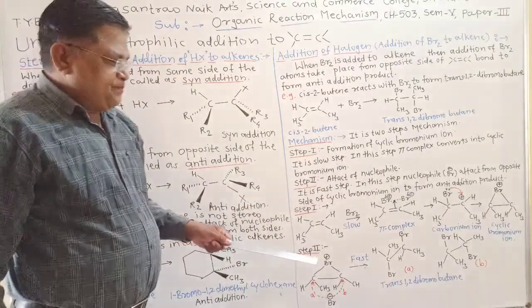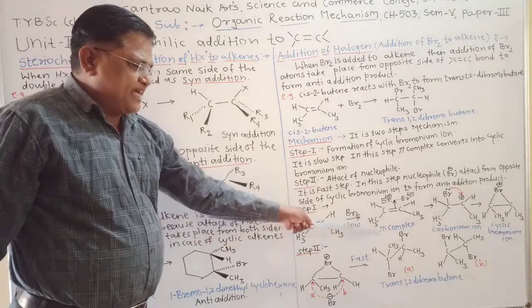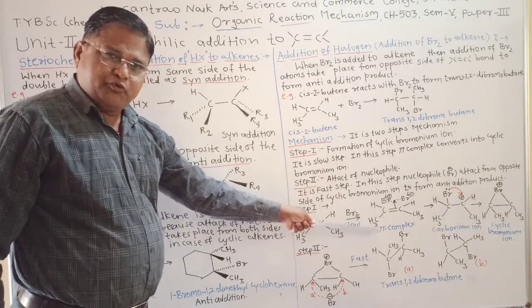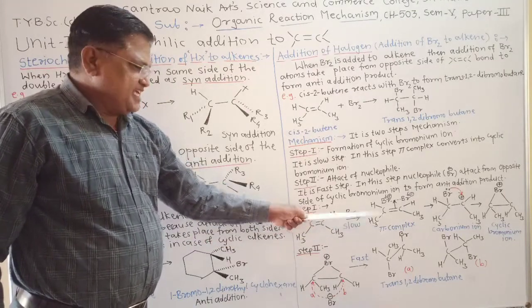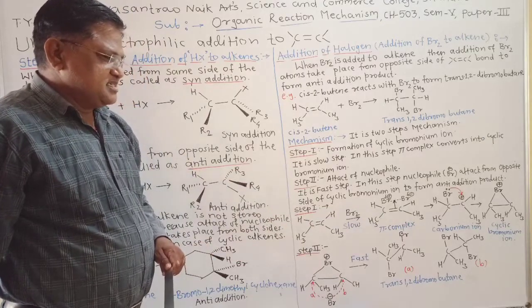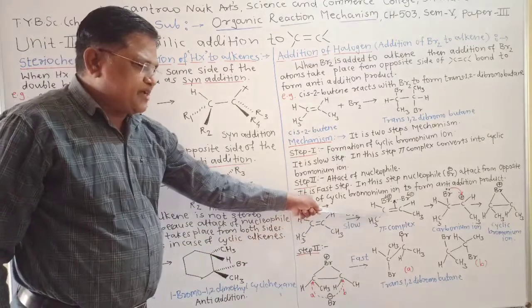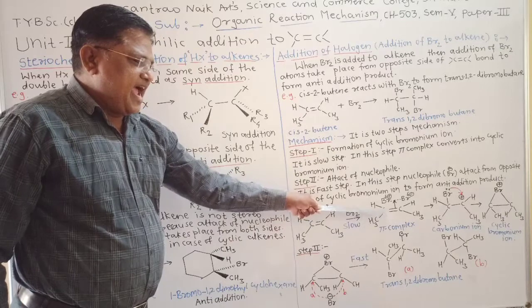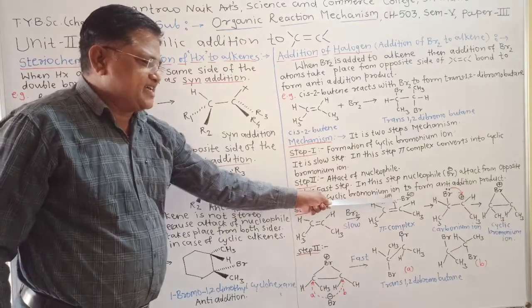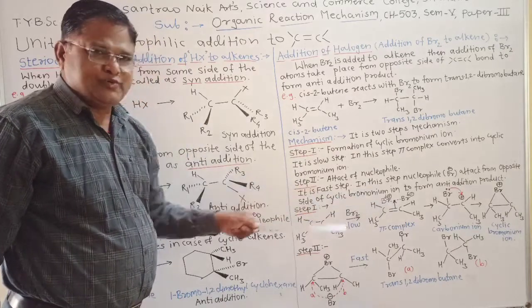In this step, the pi complex is formed, which is unstable. In this pi complex, there is no actual bond formation between carbon and positive part of Br2.